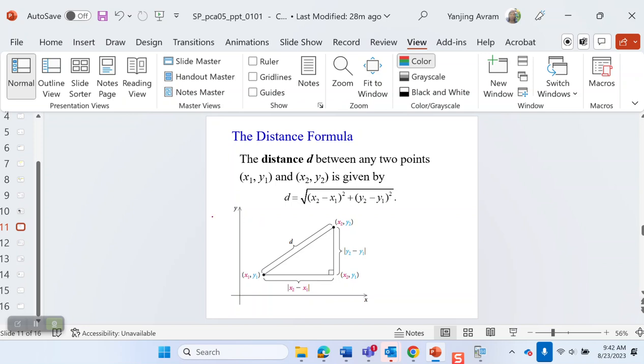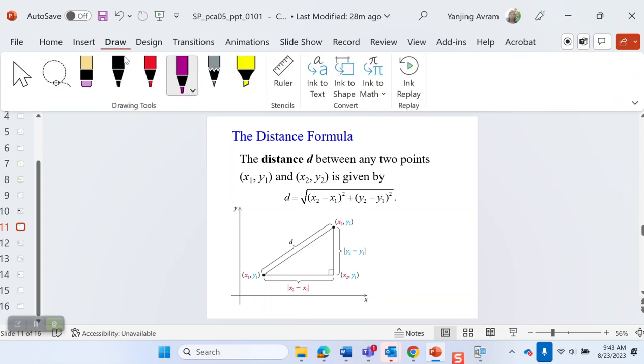Now the next one we want to talk about is the distance formula. So the distance is a straight line between 2 points. So if I have a point A right here, okay, and then this is a point B, and I want to look at the distance between A and B, so how do I do that?